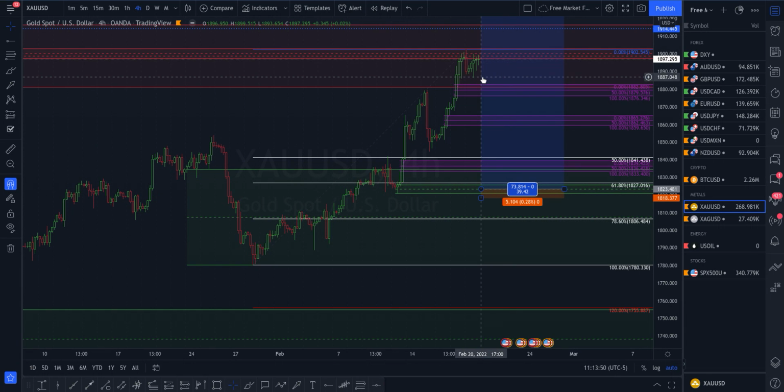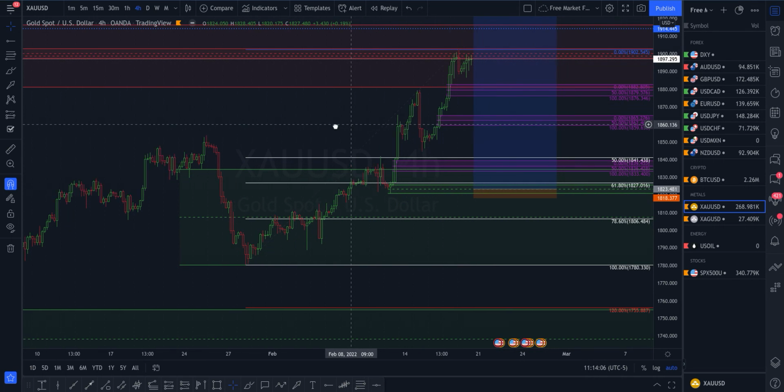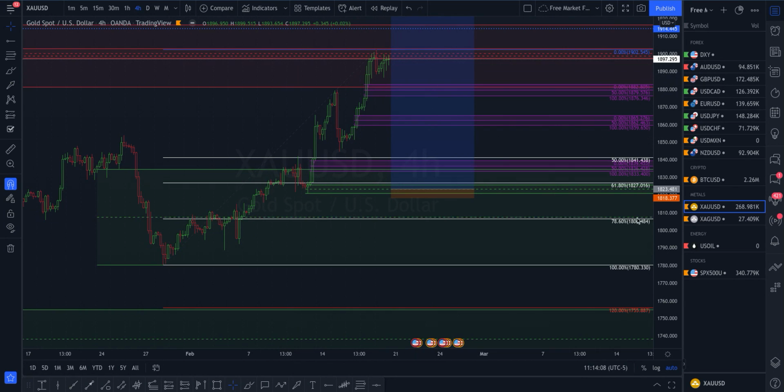It's very possible that we could just get these gaps to be filled, the imbalance to be fulfilled by the market, and then it could push up off of that. But I like these zones. I like to try to take my trades off of zones. So looking at a 39x trade here on gold.